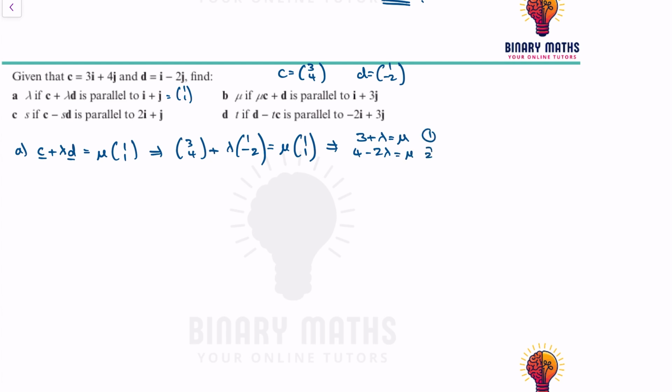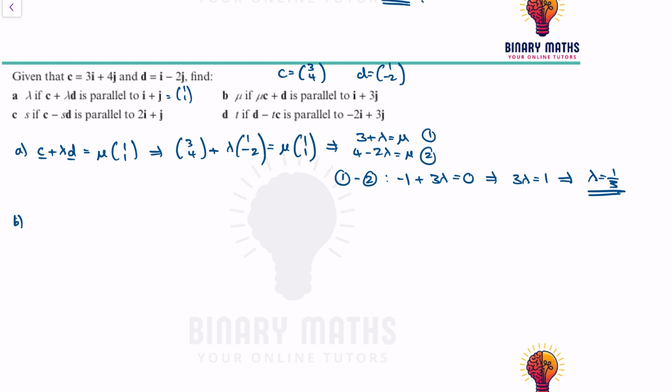Call this 1 and 2. If I do 1 take away 2, I end up with 3 take away 4, which is minus 1. Lambda take away minus 2 lambda gives you plus 3 lambda is equal to 0, which implies 3 lambda is equal to 1, which means lambda is equal to a third.